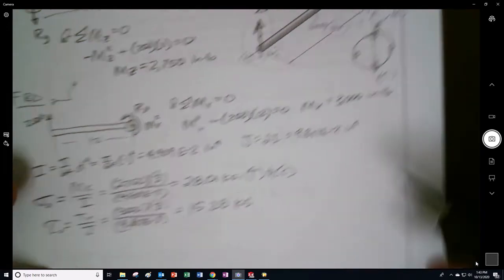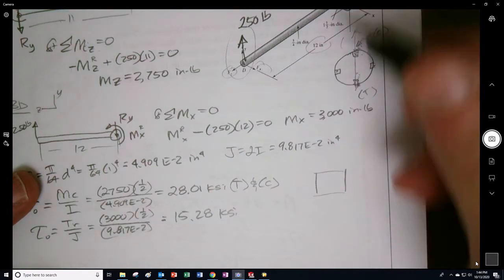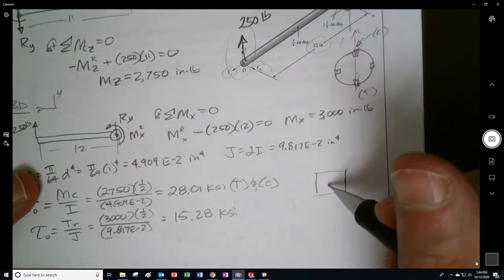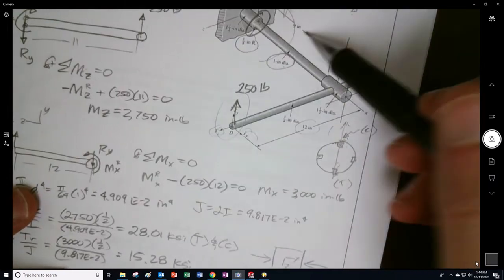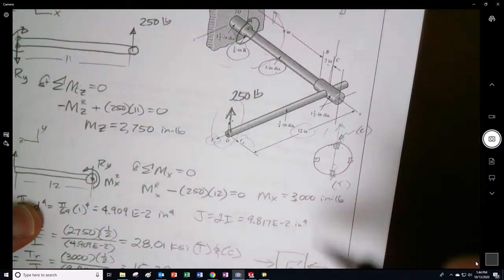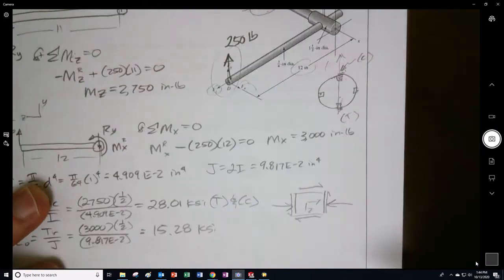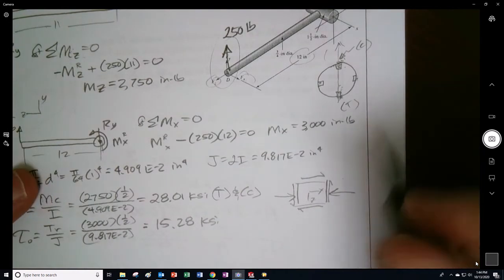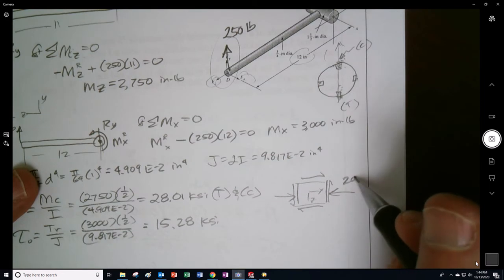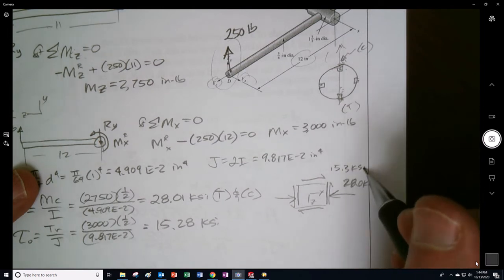Neither tension nor compression. It depends on which point you're looking at, but if we're looking down onto the thing, it would be X and Z. It'd be in compression if we're looking down onto the thing, and the torsion is going this way, across that face. This is what a stress element would look like without the stress concentrations. So this is 28 KSI, and this is 15.3 KSI.